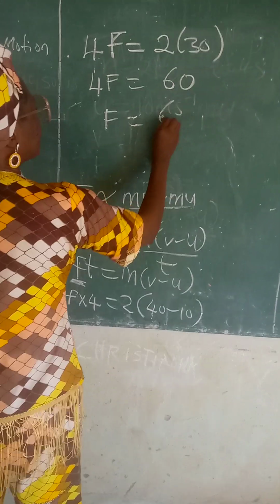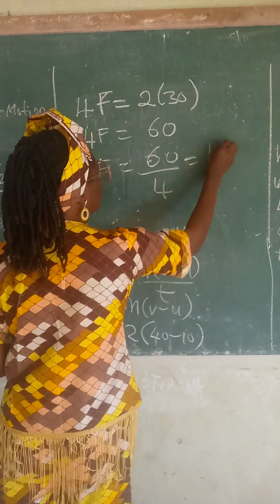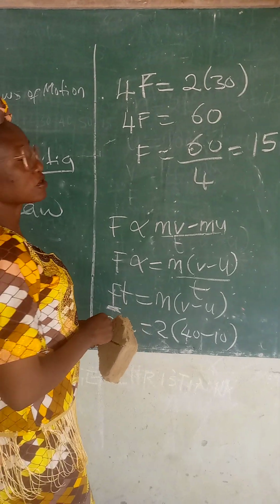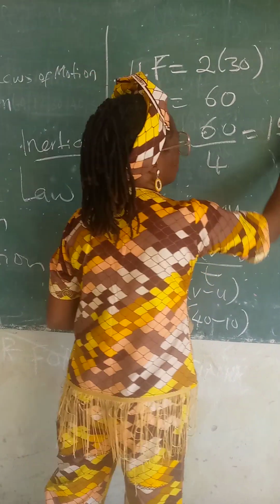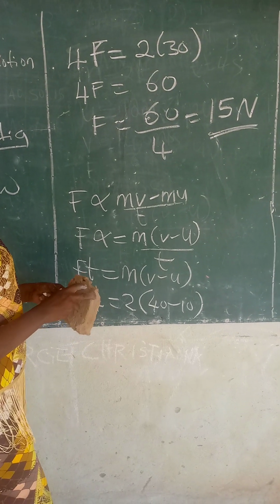F is equal to 60 over 4. 60 over 4 will give us 15, rather. What's the unit for force? Force is measured in Newton. It is important you state the Newton for every problem you solve.